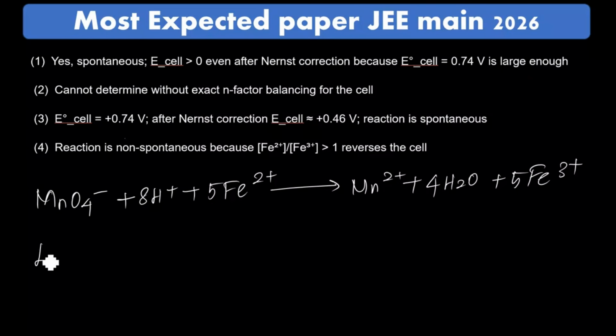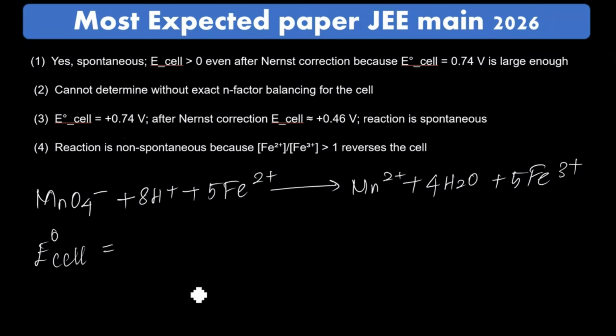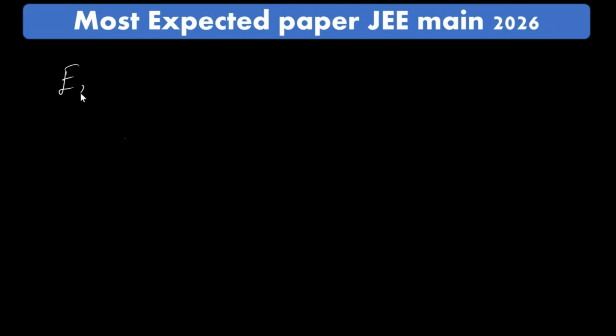So if you find out the E naught cell value of anode and cathodic part. Look at the reaction. I have plus 1.51, and for Fe3+ to Fe2+, that is plus 0.77. So substitute the values. 1.51 minus 0.77, it should be plus 0.74. Next, we have to substitute it in the Nernst equation. So while substituting in the Nernst equation, you have to put everything. Like E cell is equal to 0.74.